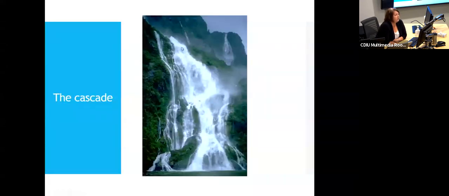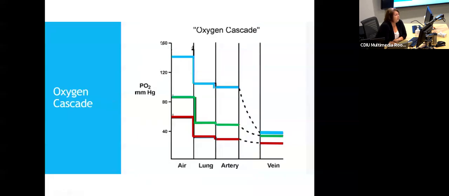So let's imagine this as the oxygen cascade. We're going to move from an area of high pressure down to an area of low pressure within a number of steps. So let's take a couple of examples. The normal oxygen tension in you and I, up in the air, is 156 millimeters of mercury, right?